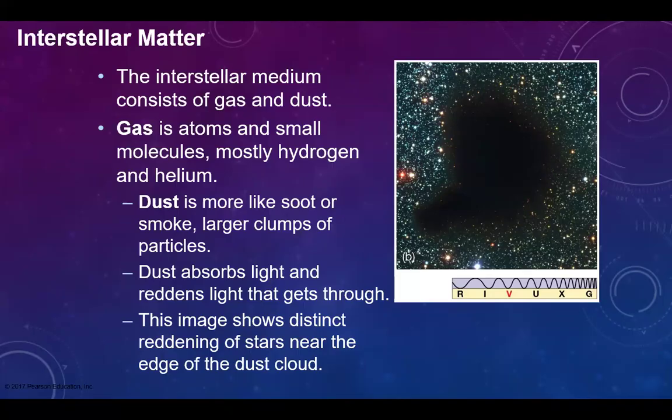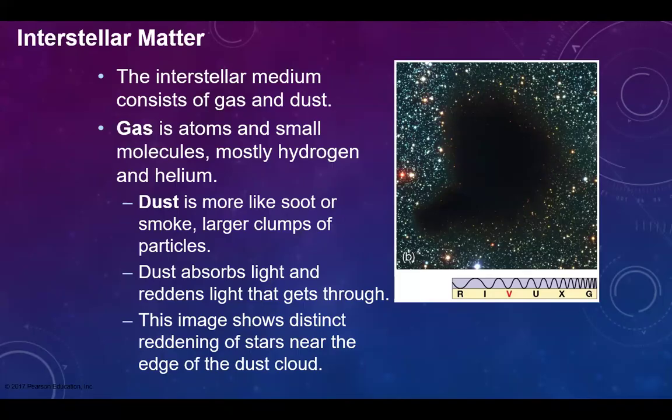But dust will absorb light and redden any light that goes through. Here we can see a dust cloud that is blocking all the stars behind it. And if you look around the edges, you can see that as you get closer to the edges, the stars are redder. They go from more white to more yellow.